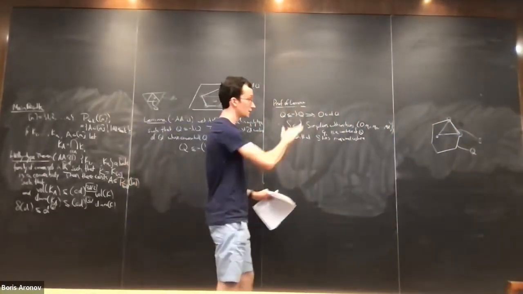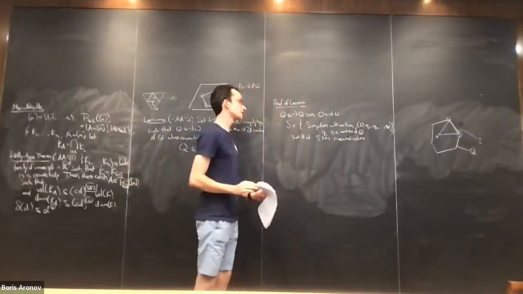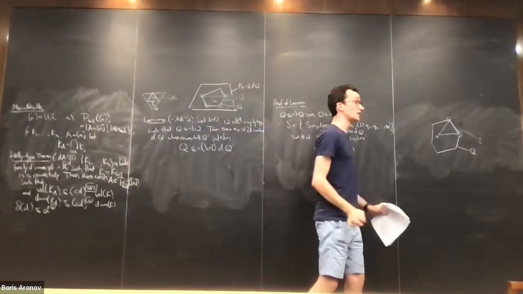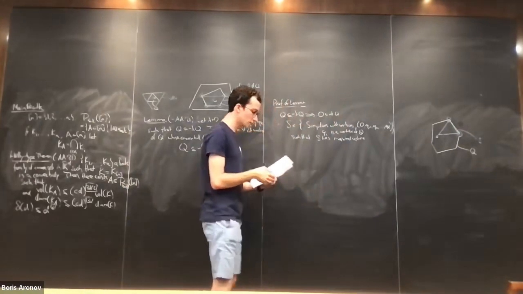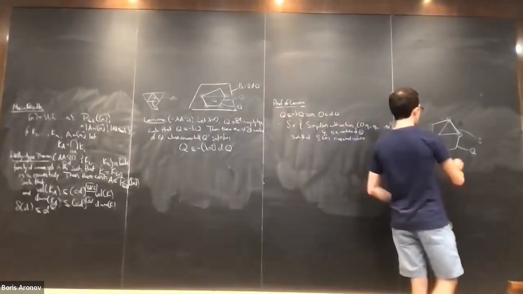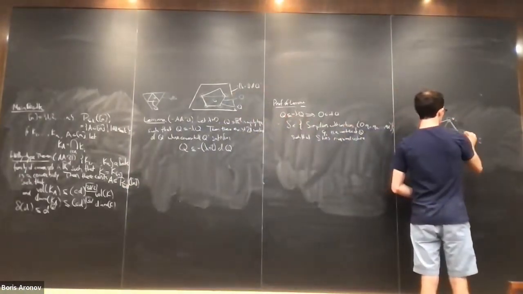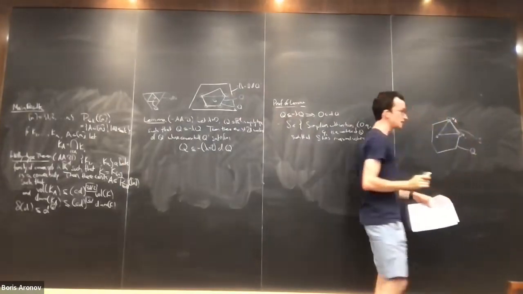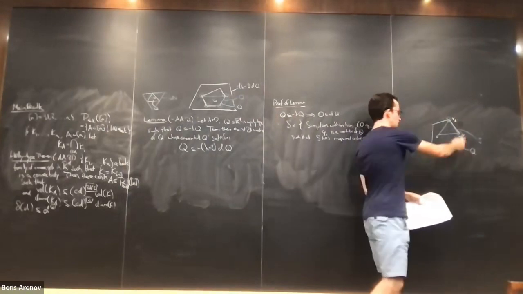And choosing this simplex actually tells us a lot about where Q must live. To see that, let's name the vertices. Maybe this one's V1 and this one is VD. In D dimensions, we choose D vertices.